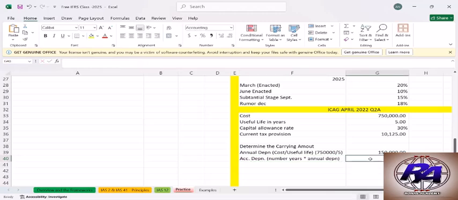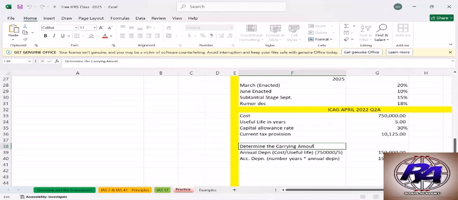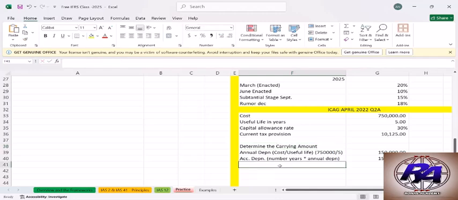So our accumulated depreciation, in this case, is going to be 1 multiplying our annual depreciation over here, and it will still give us the same 150,000, right? Okay, now we can proceed to look for our carried amount. Our carried amount, we said, is going to be the cost minus accumulated depreciation, and we have determined all that already.